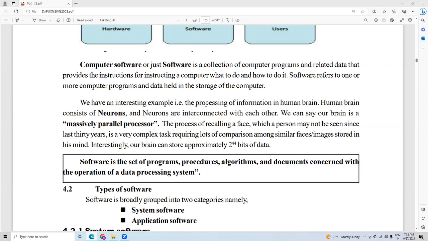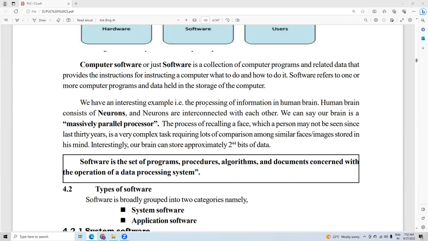The process of recalling a face which a person may not have seen for the last 30 years is a very complex task, requiring lots of comparison among similar faces and images stored in the mind. During these last 30 years, you have met many people.